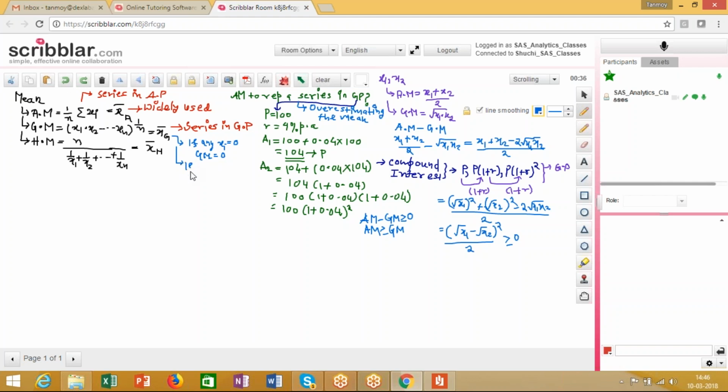So if any xi is less than 0, then geometric mean will not belong to the real space. It will belong to the imaginary space. Therefore, these are the two basic limitations.